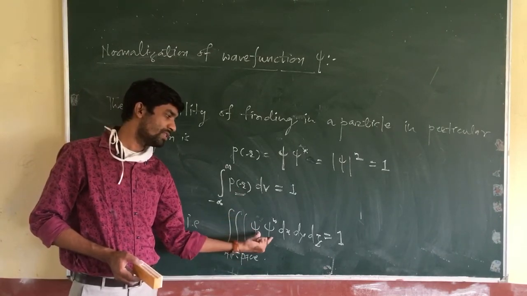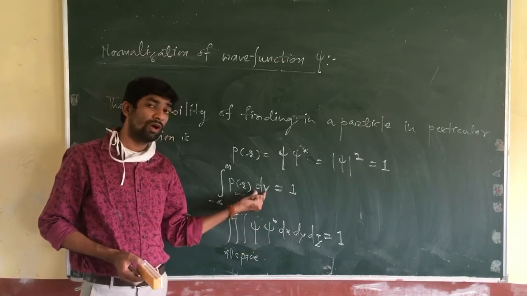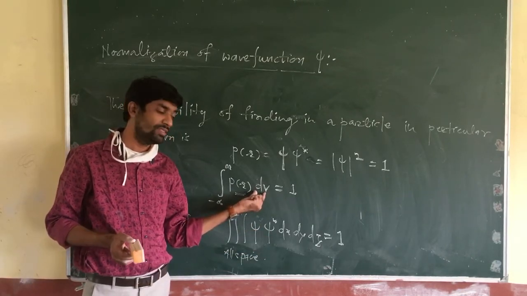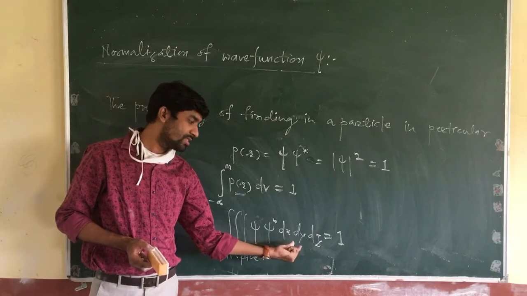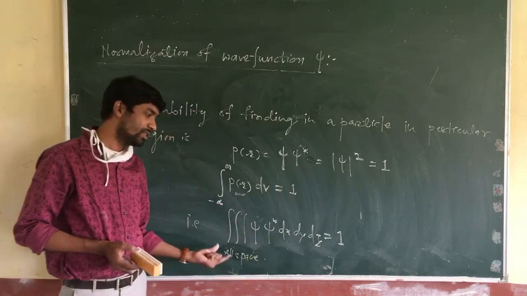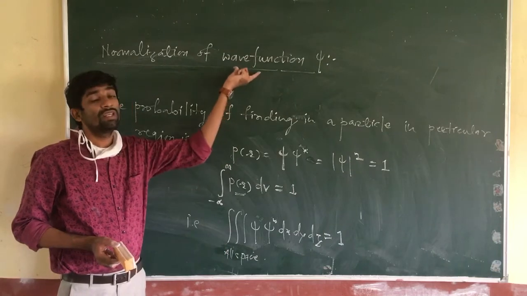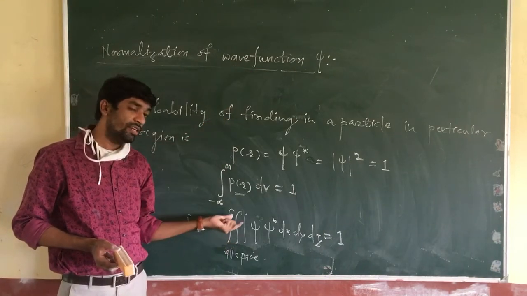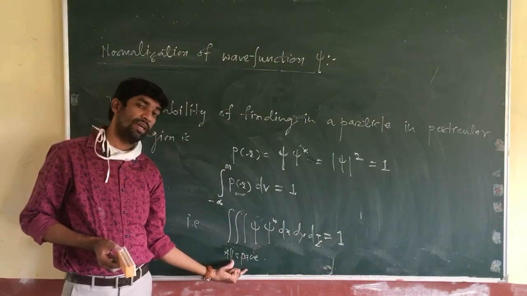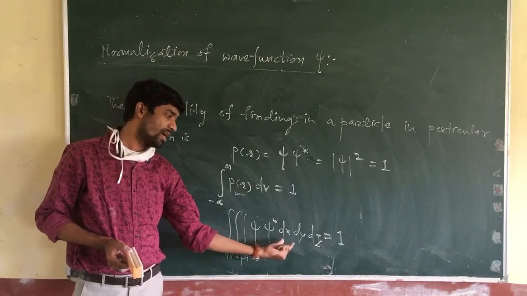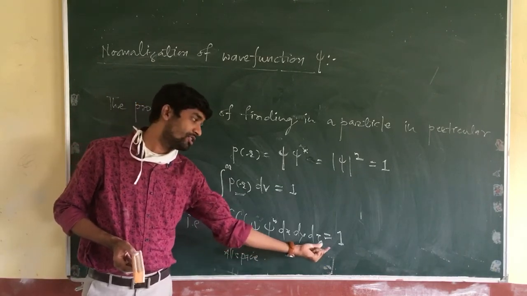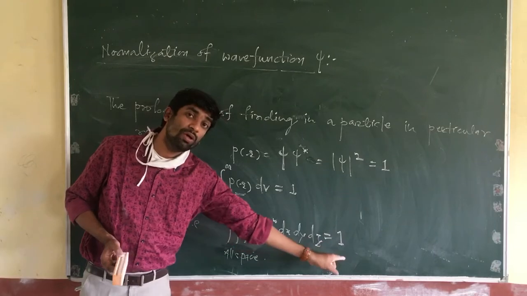Psi into psi star. And small volume means x, y and z, so dx, dy and dz. So this is in the 3-dimension case. So if the wave function is a normalized wave function, then its integration over all space of psi into psi star dx dy dz should equal 1.